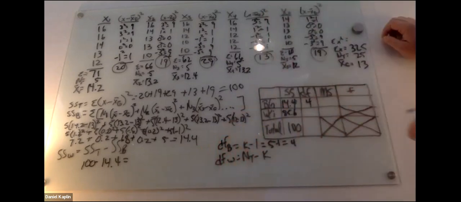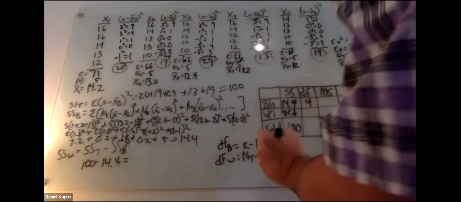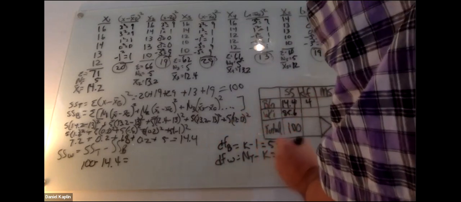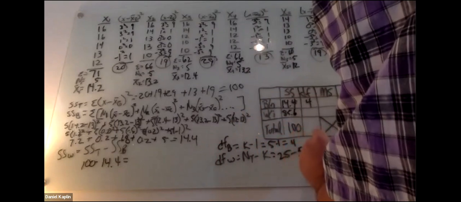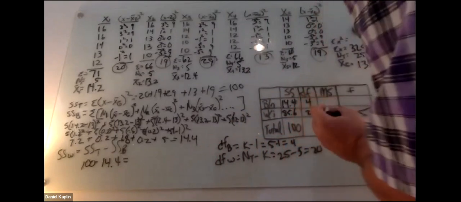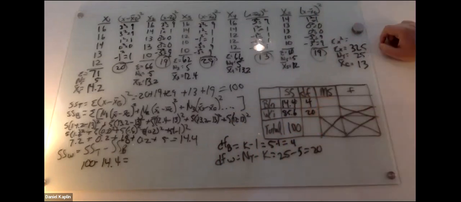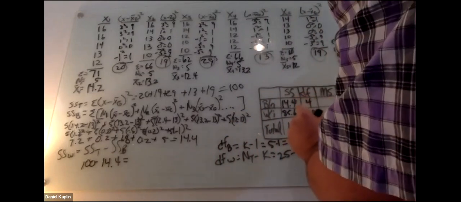Now, degrees of freedom within groups is n total minus k. So n total was 25 minus 5 groups gives us 20. Now, what is 4 plus 20? That's 24.